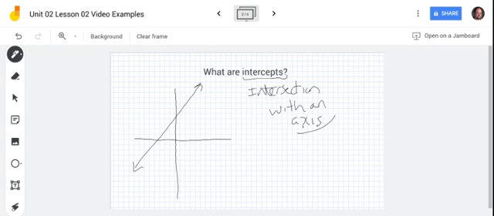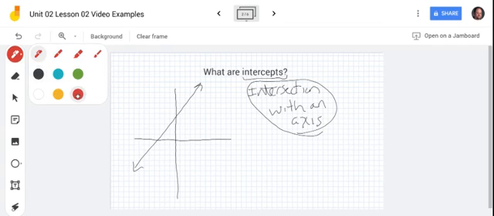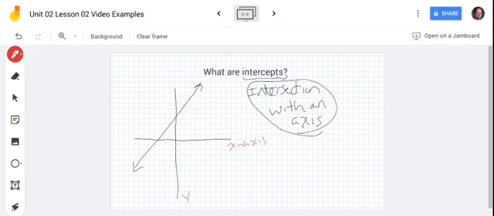Remember that a graph is made up of two what are called axes. There is the x-axis and the y-axis. They meet in the middle at the origin, which has the coordinates 0, 0. That's the beginning for everything.